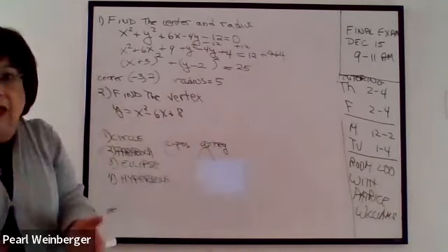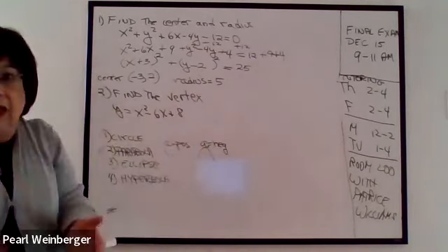When it's in standard form, then the number underneath the x squared is the a squared, which gives us the x-intercept, and the number underneath the y squared gives us the y-intercept. So my y-intercepts are going to be 1, 2, 3, 4 up, and 1, 2, 3, 4 down. Now, obviously, I'm not doing a perfect graph. I'm just doing a sketch.